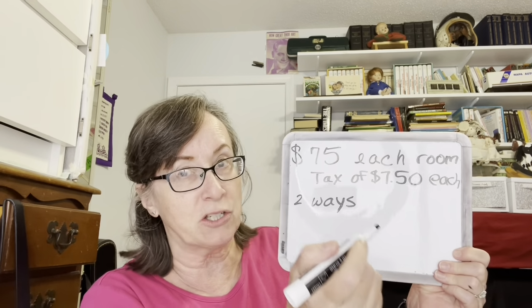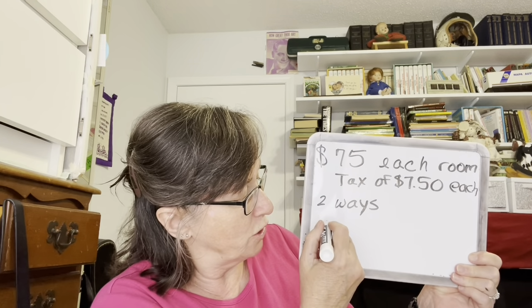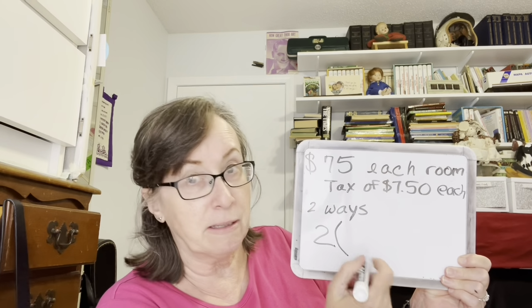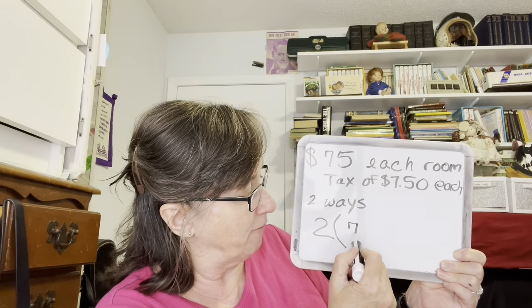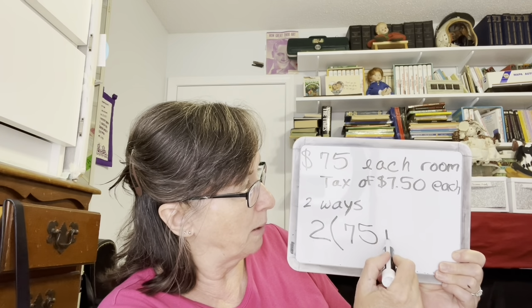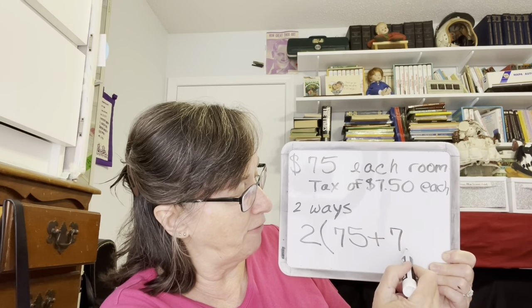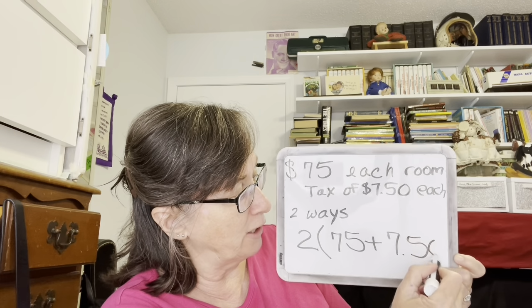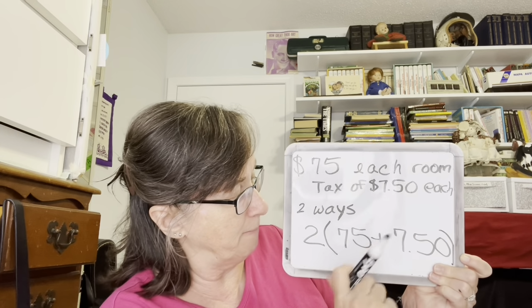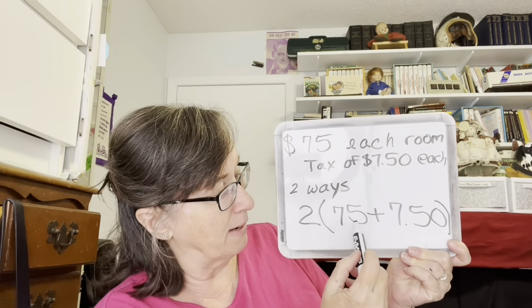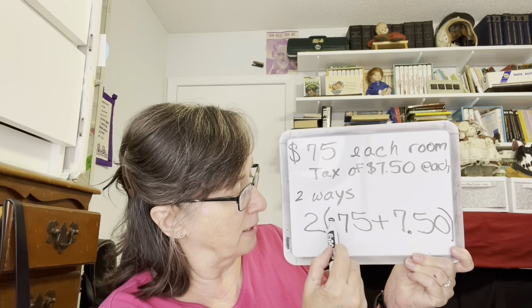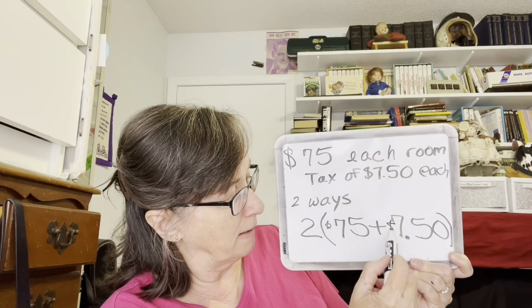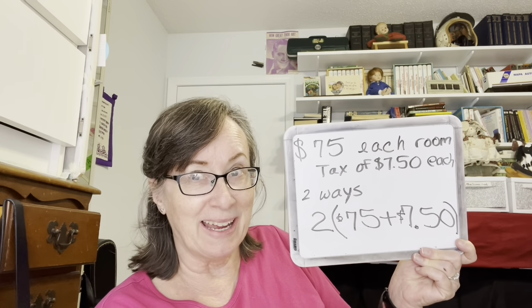So she could start with 2 times the room plus the tax, 2 times (75 plus 7.50) dollars. That would be one way to write it.